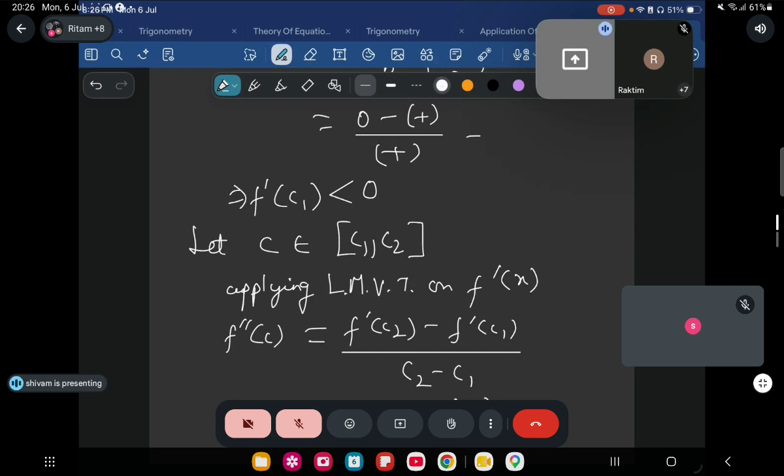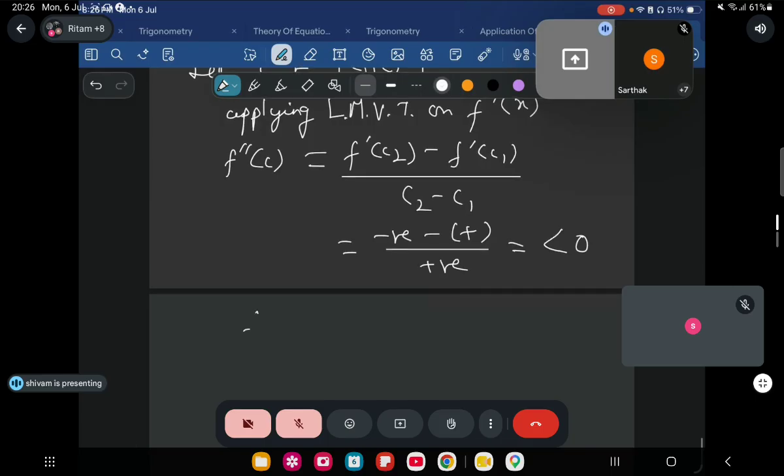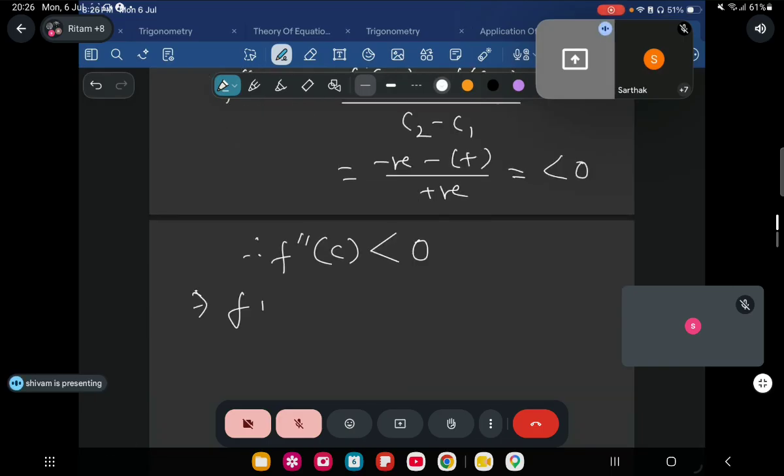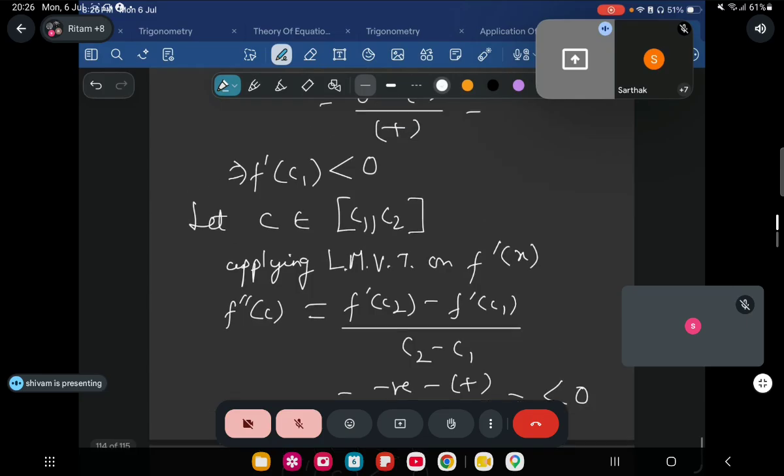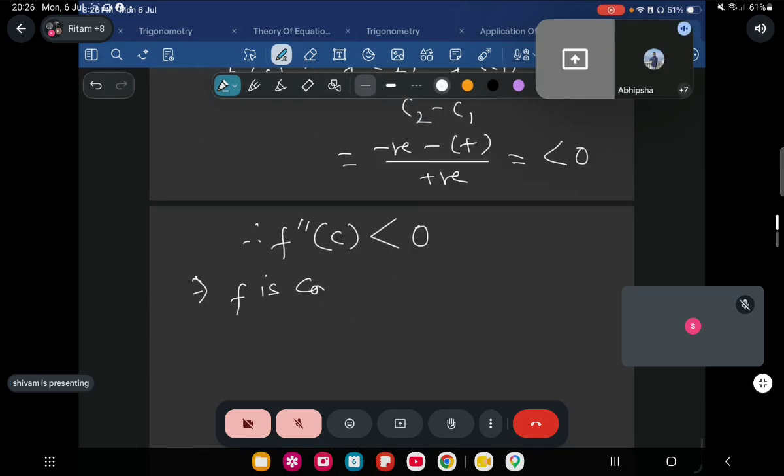Tell me, Sarthak, are you getting? This is equal to negative. Therefore, f double dash c is less than 0. Can I say this implies f is concave downwards? Did you people understand this method? Yes, sir.